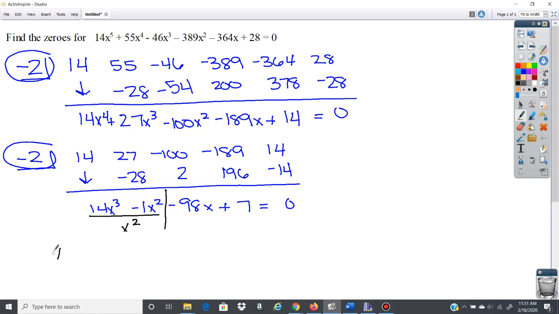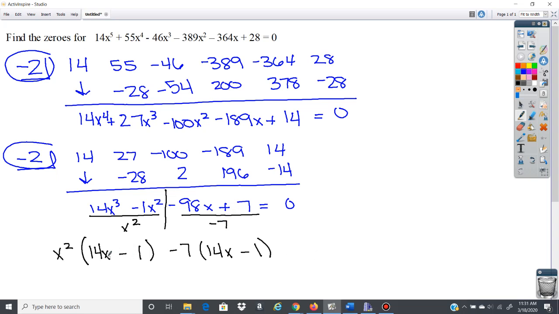So it's going to give me x squared, and 14x cubed divided by x squared gives me 14x. And then 1x squared divided by x squared gives me 1, and it's a negative there. On the other side, I can pull a 7 out, but because I want these to be the same, I'm going to pull a negative 7 out. So negative 98 divided by negative 7 gives me a positive 14x, and 7 divided by negative 7 gives me a negative 1.